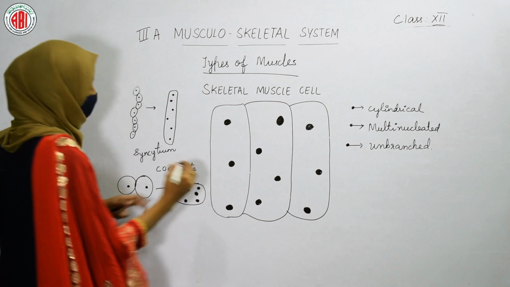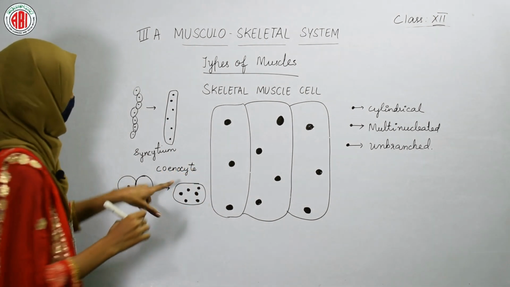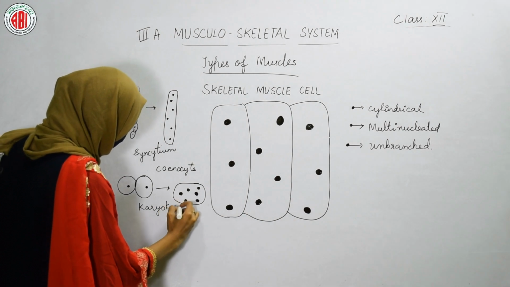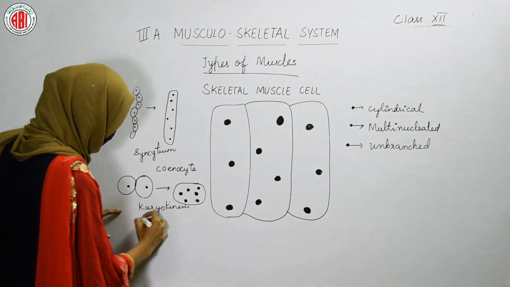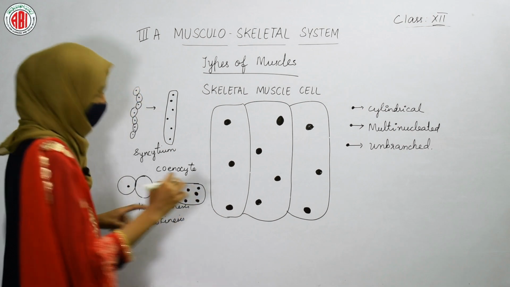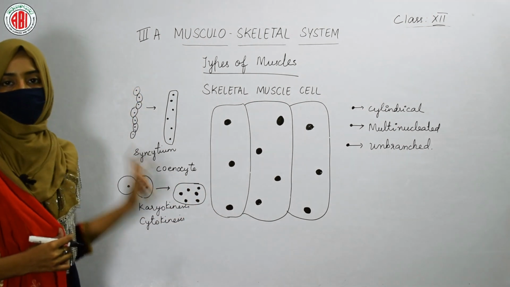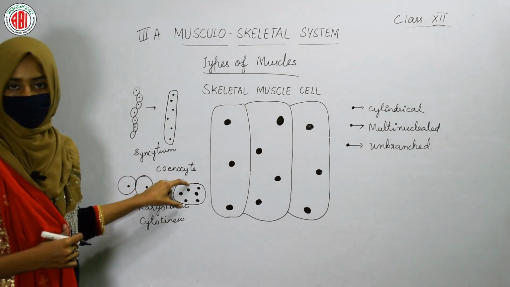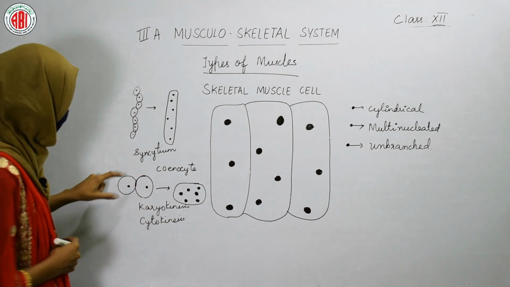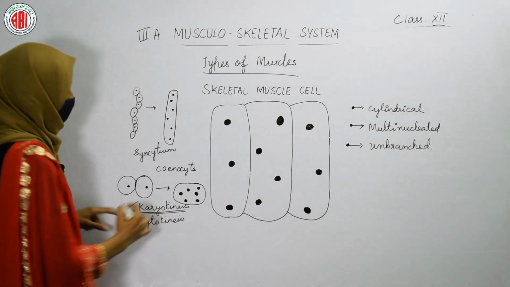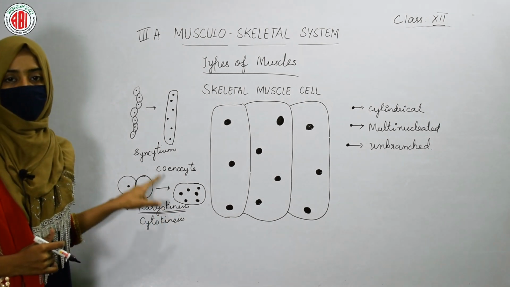So in such a way, karyokinesis takes place without any cytokinesis. Karyokinesis means the division of the nucleus. The nucleus gets divided and it becomes multinucleated. So we call this condition karyokinesis, but it is not followed by cytokinesis.